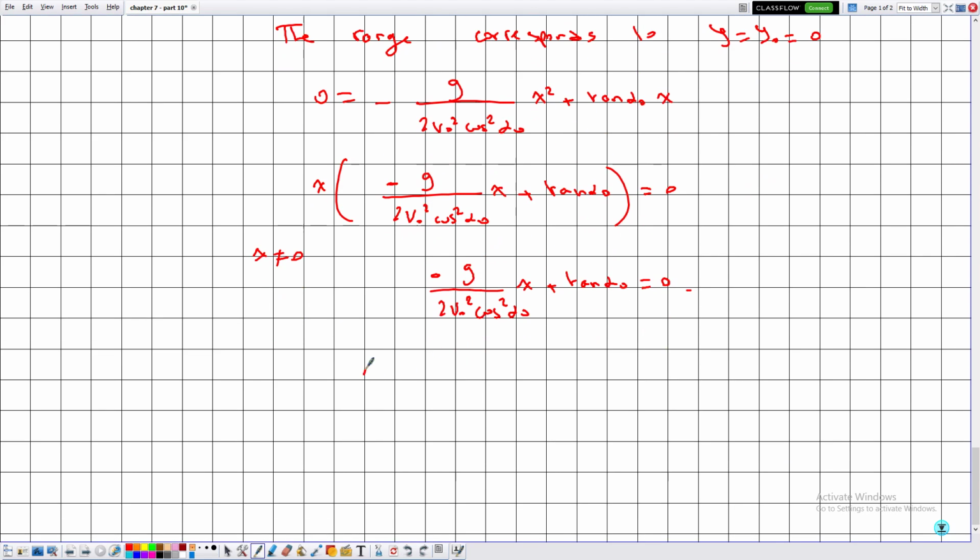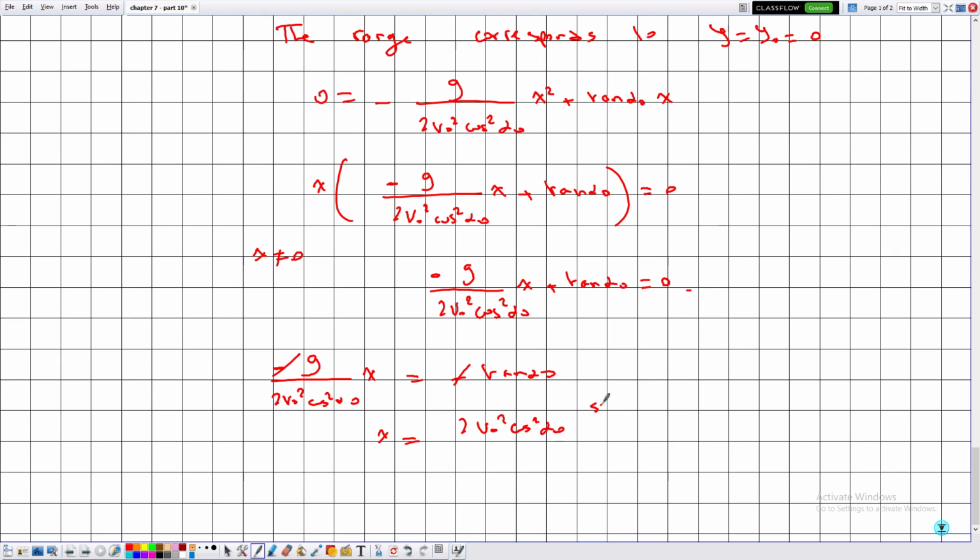Which means that x is given by, if we rearrange the equation, let me do it explicitly. Minus g divided by 2v0 square cosine square alpha 0 x is equal to minus tangent alpha 0, so x is given by 2v0 square cosine square alpha 0 tangent alpha 0 divided by g.